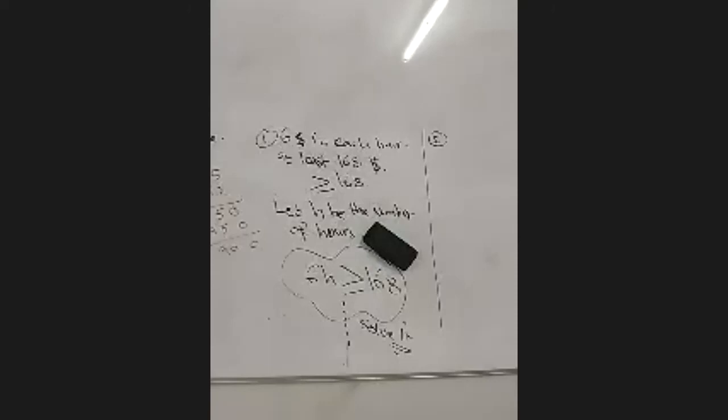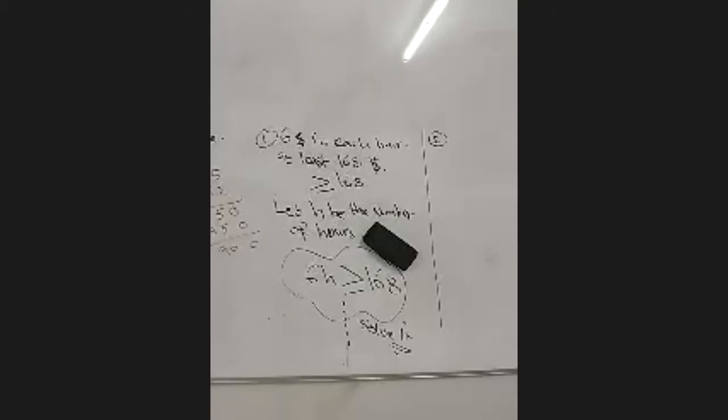Now each fish costs $2.50. We need to know the number of the fish. So we say let N be the number of the fish, right?